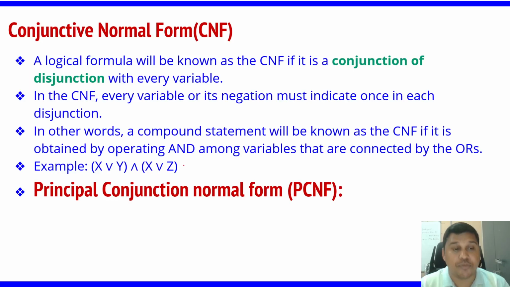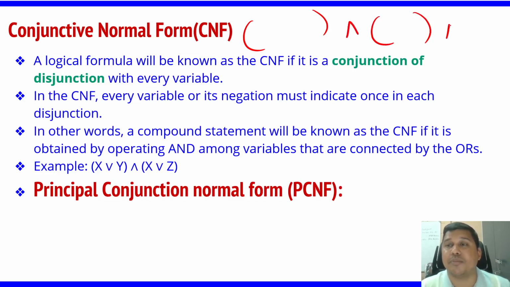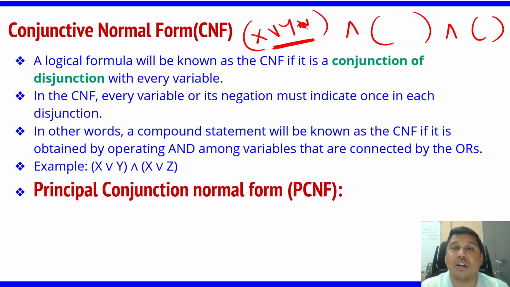That is optional in CNF. Whereas in principal conjunctive normal form, when you have expressions connected with conjunctions, in each bracket those three variables should be included, either directly like X or Y, or negation Z. So all three should exist, with positive or negative.